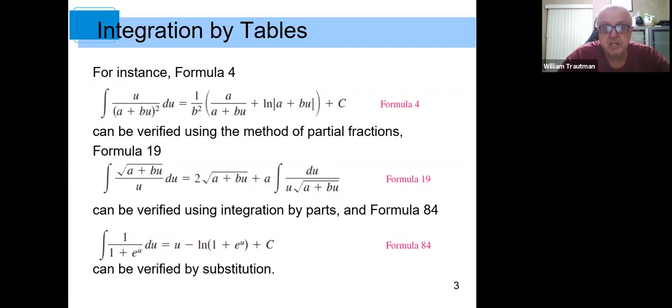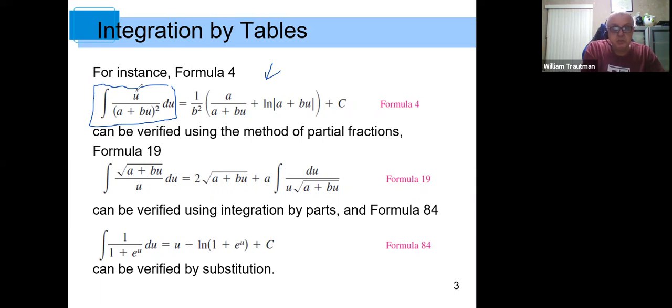So let's just take here, they're just showing you a couple of formulas. Look at formula 4 on your integration sheet. It's just showing you that, hey, the U's, if you have this integration, it forms to this.